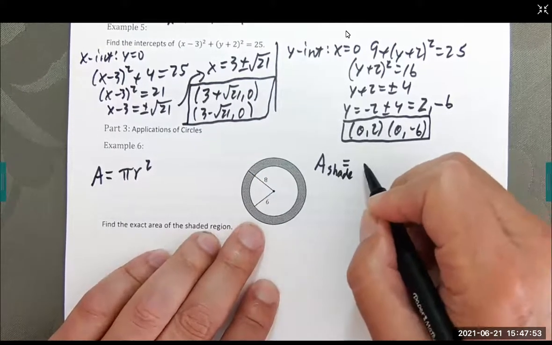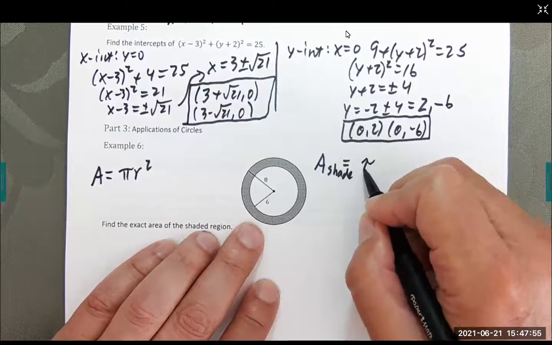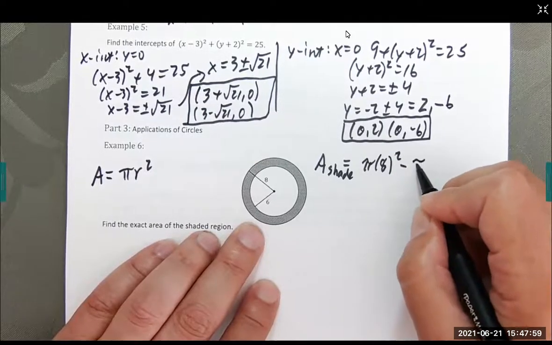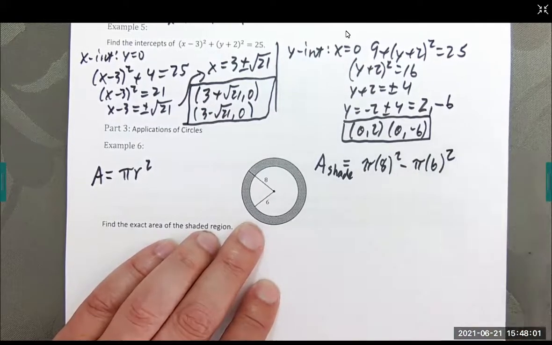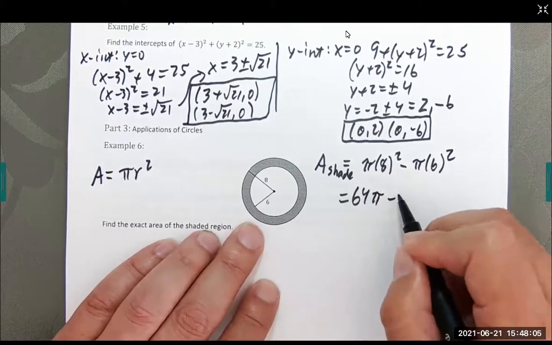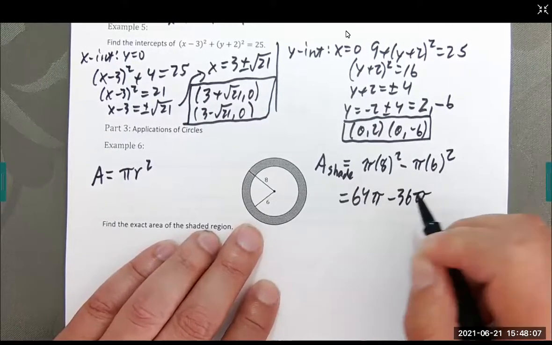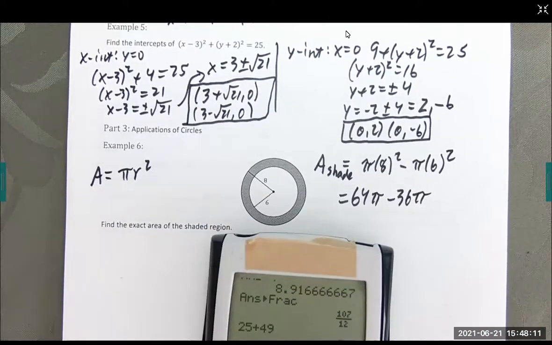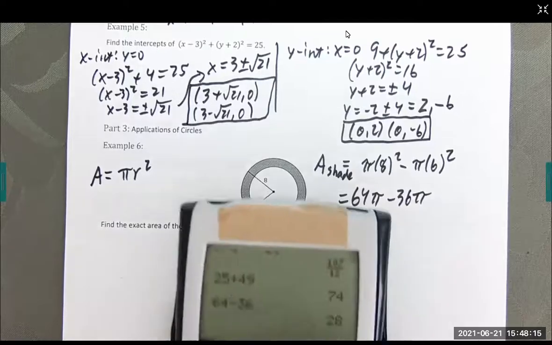So area of the shaded region is going to be pi times 8 squared minus pi times 6 squared. 64 pi minus 36 pi. So it's 64 minus 36. That gives us 28.